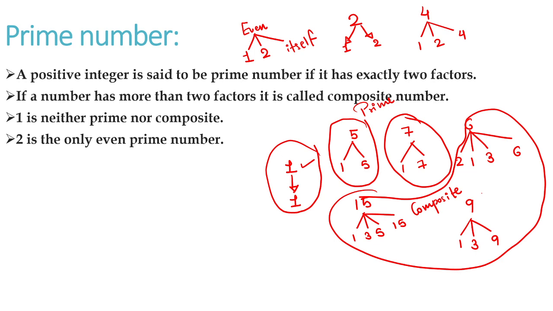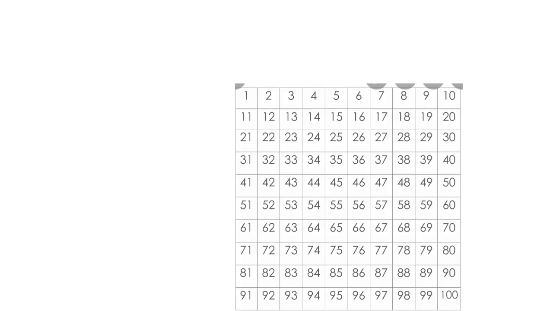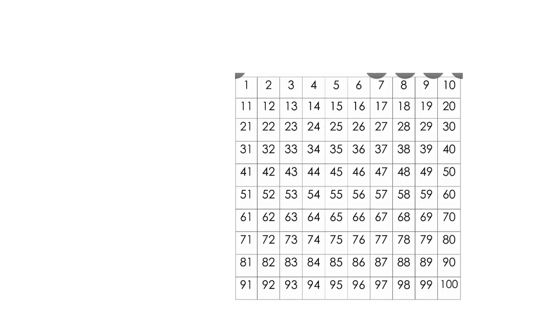So here we are learning some main things. Is the concept clear about what a prime number is now? Okay. Two important things: 1 is neither prime nor composite, and 2 is the only even prime number. If you are comfortable with this slide, you have to list all the prime numbers from this.